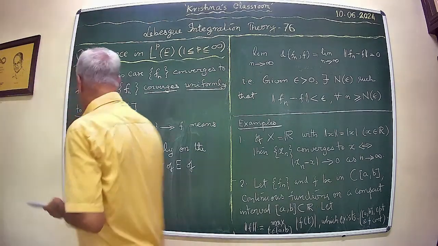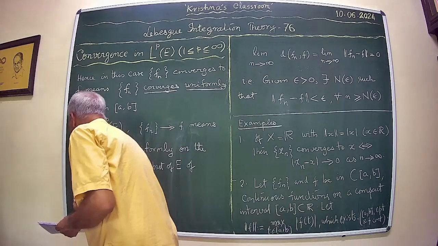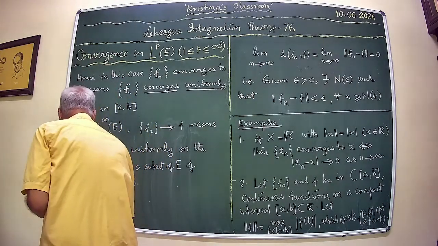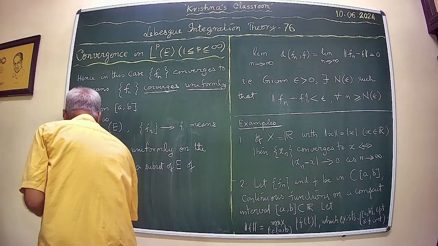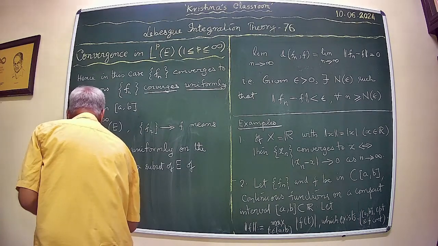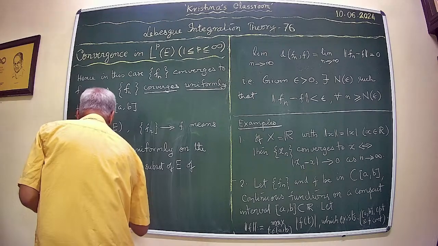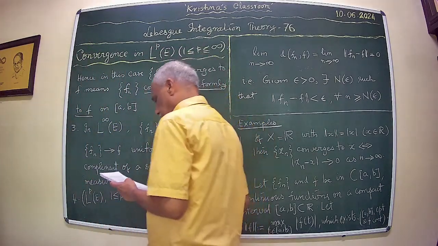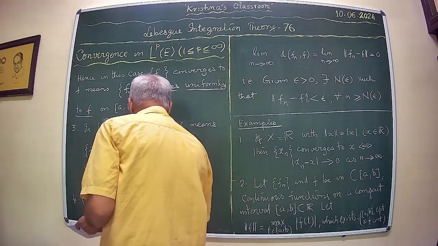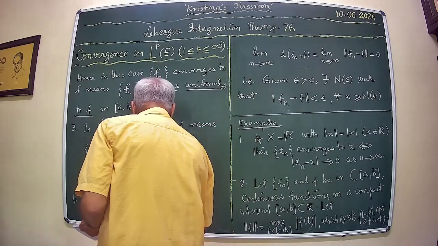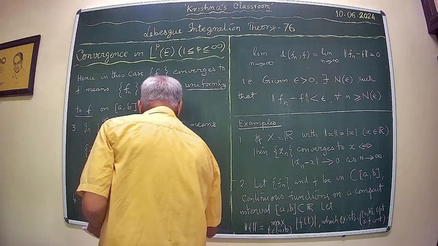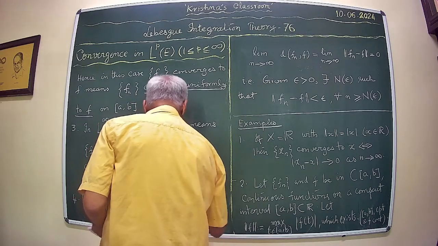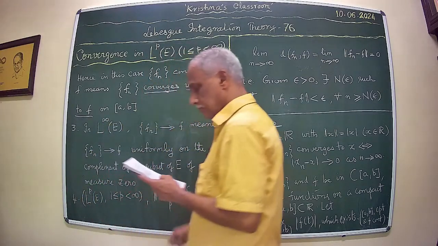Okay. Now what happens in L^p, with the norm defined as the integral of |f|^p to the power one upon p?